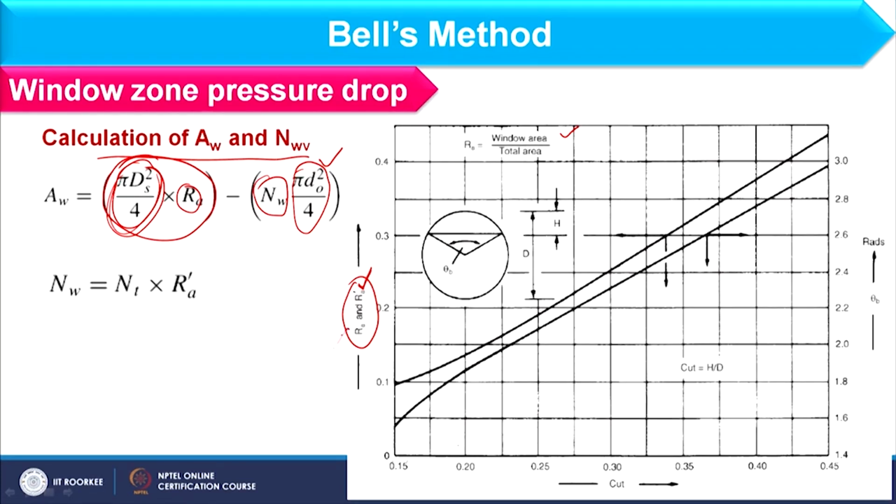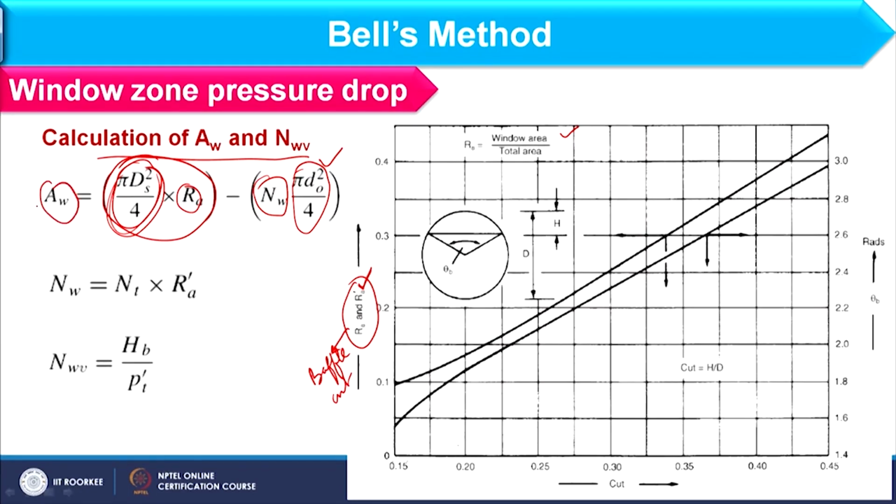So, RA will depend on baffle cut. Okay, baffle cut, and RA dash will depend on bundle cut, that we have already discussed. So, using this curve you can find out RA and RA dash values, and then you can find out AW.